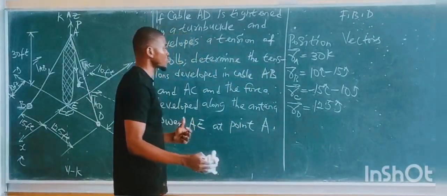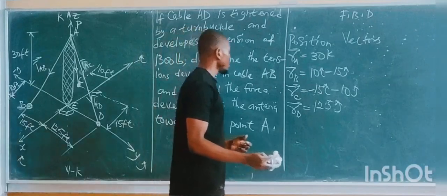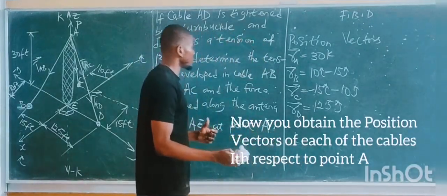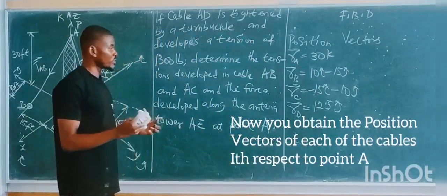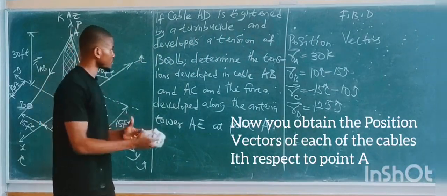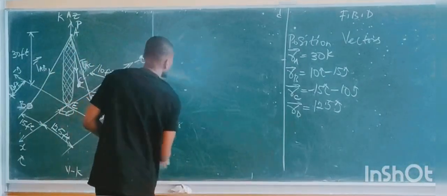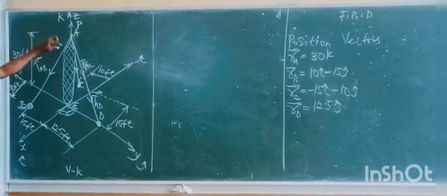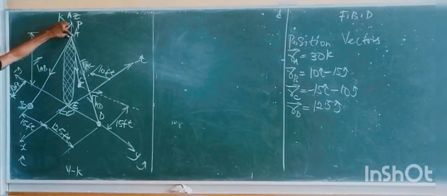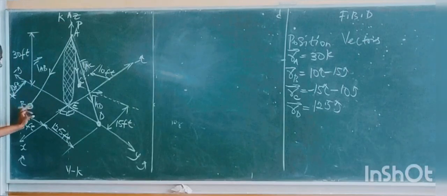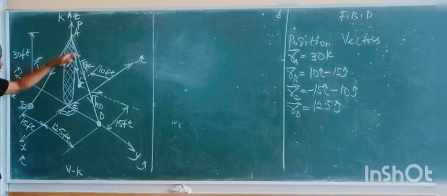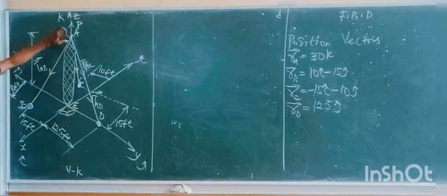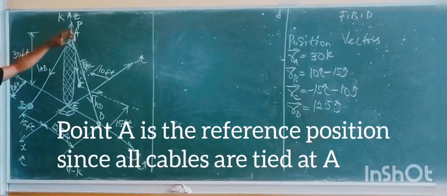Now, after the positions, you now find the position of each of the cables with one another. All the cables are fixed at point A. Take note, the entire cables, the 3 cables, TAB, TAC, and TAD are all fixed at point A. So point A becomes what?